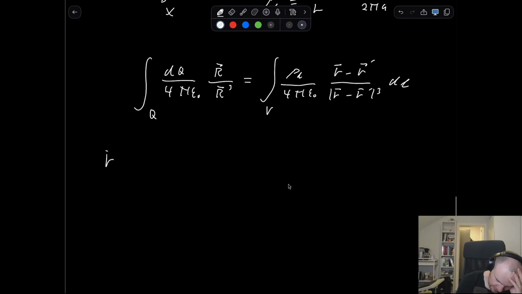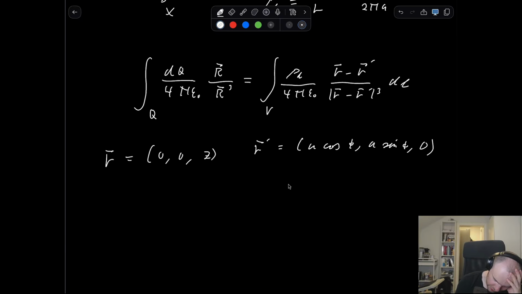Then remember that r is just 0, 0, z. And r prime is just polar coordinates, so we're going to use a cosine of phi, a sine of phi, and of course just 0.